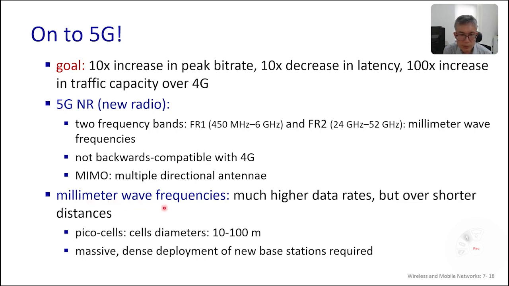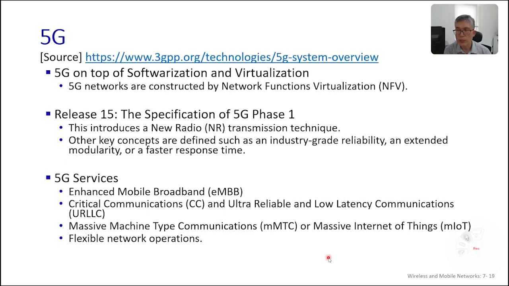Millimeter wave frequency gives a much higher data rate, but the limitation is shorter distances. So cell diameters are 10 to 100 meters. So massive, dense deployment of new base stations is needed. That's why 5G deployment is costly.